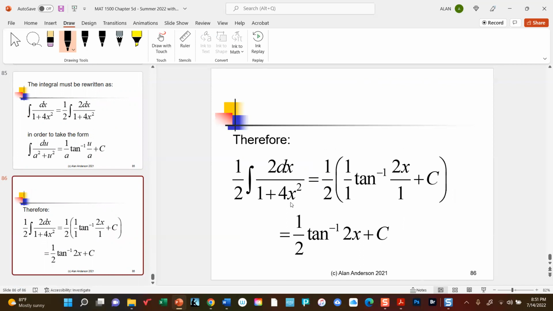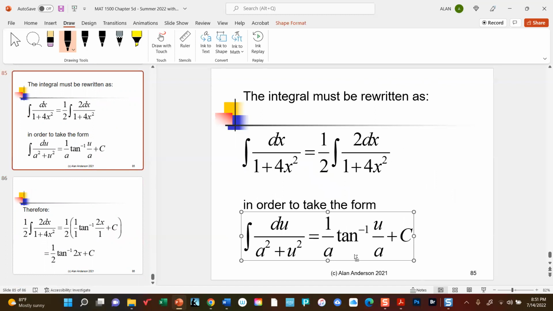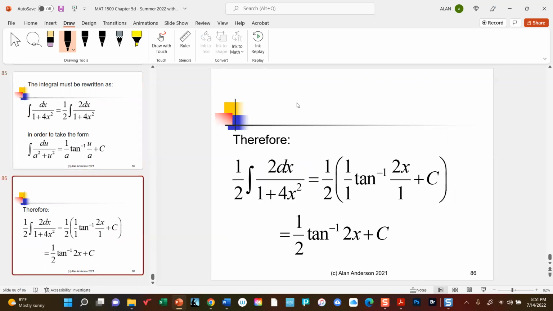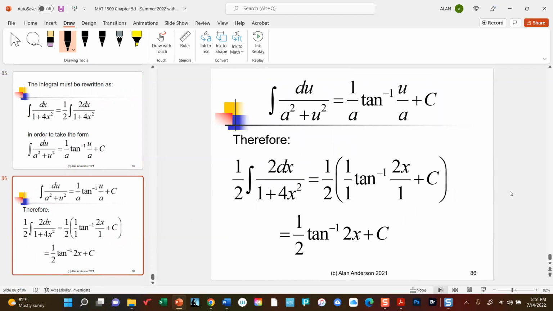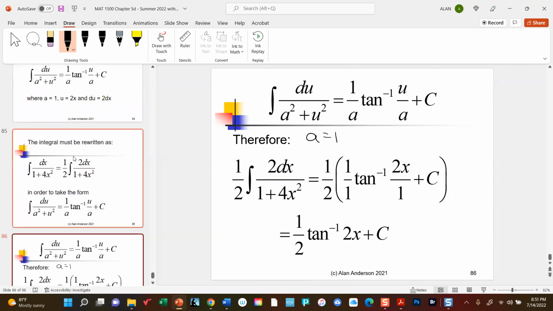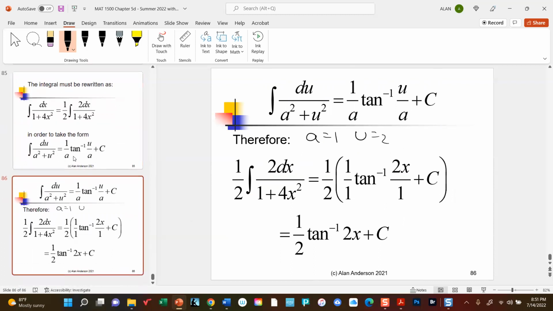And so let me just copy the formula again. Okay, so remember A is 1. And U is 2x. All right, so here's the A again, here's the U, and that's it.